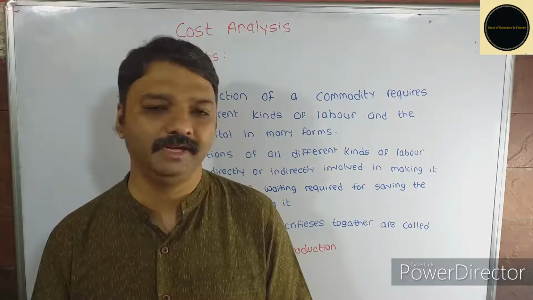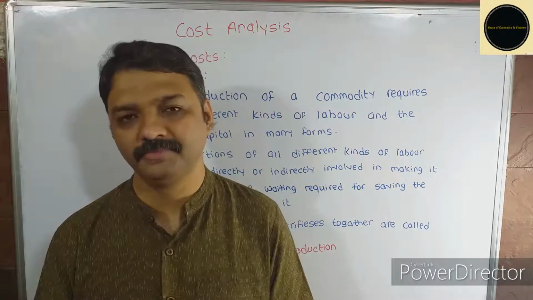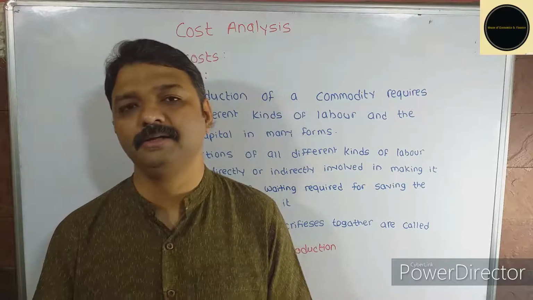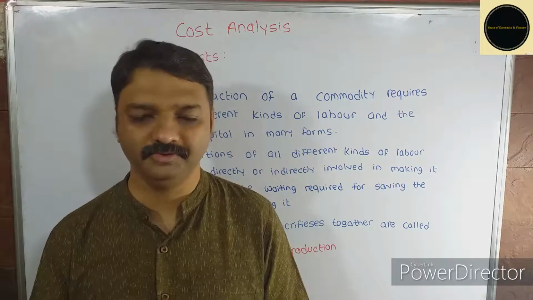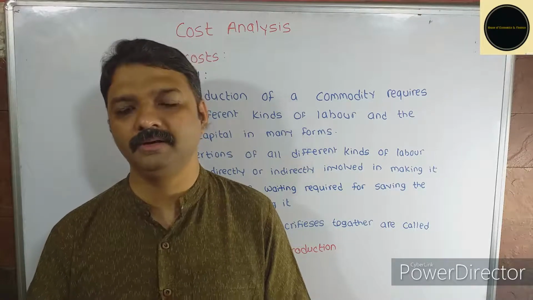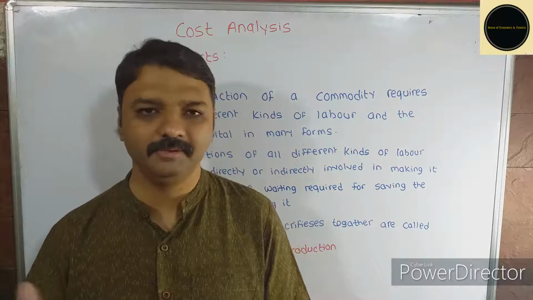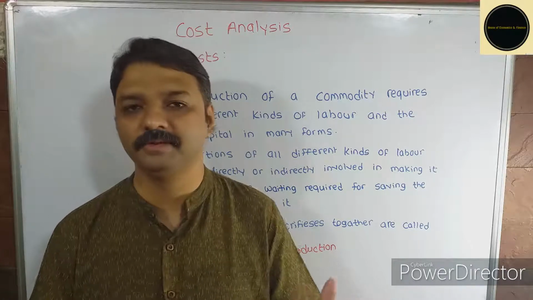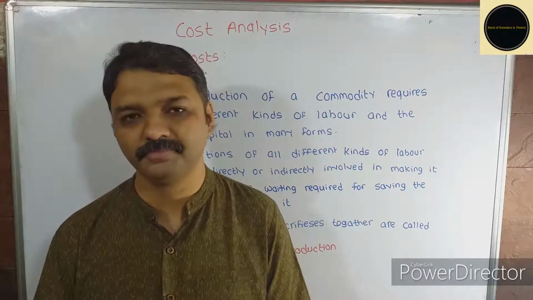These payments made are the real costs of production. In addition to that, as a result of the production process, if there occurs environmental damage, let us say pollution, that is also a real cost.